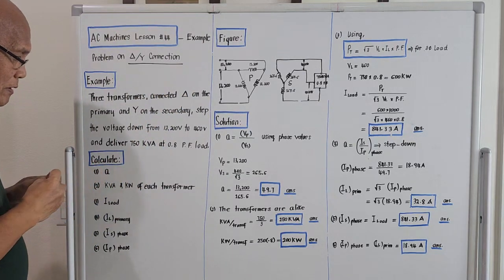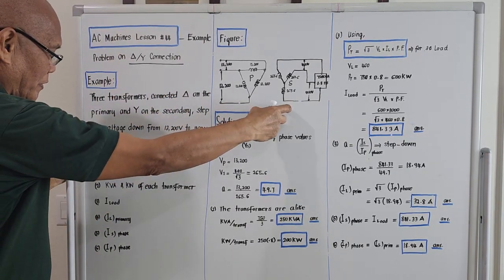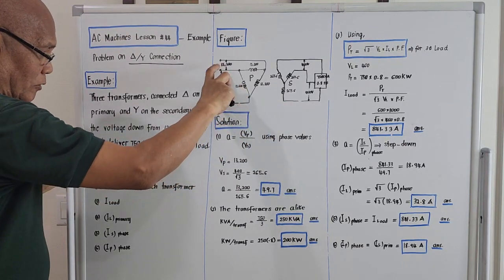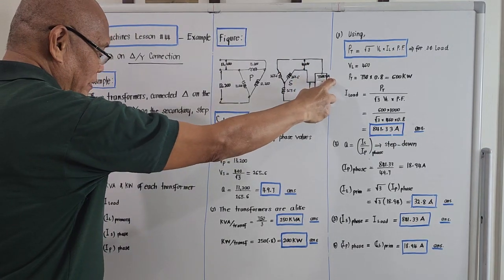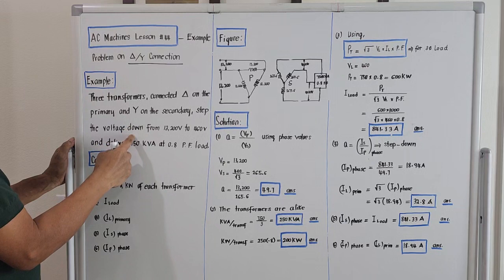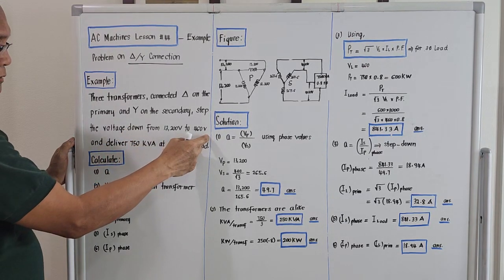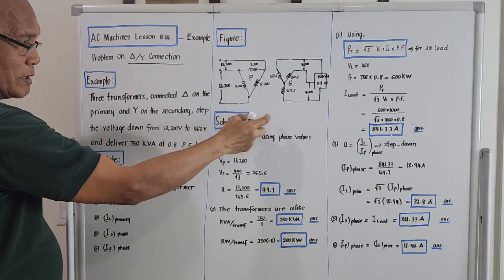So the problem specifies that the configuration is a step down, meaning to say a high voltage on the primary will become a small voltage on the secondary if the configuration is a step down, voltage down, right? From 13,200 to 460. This is 13,200, we will step down this one to 460.